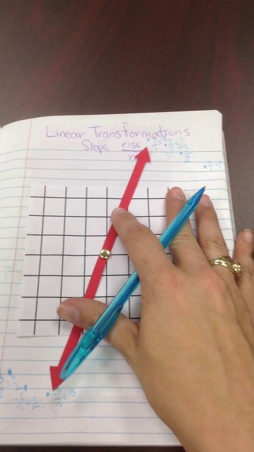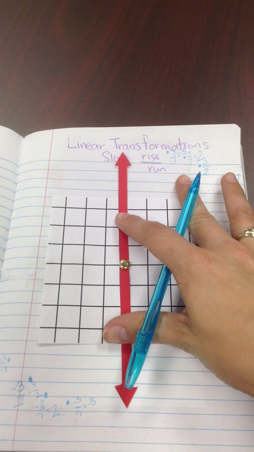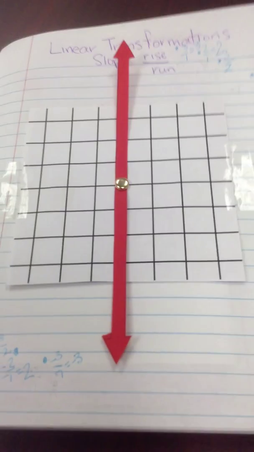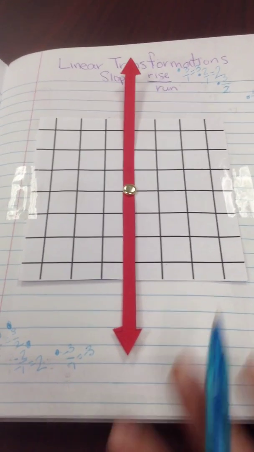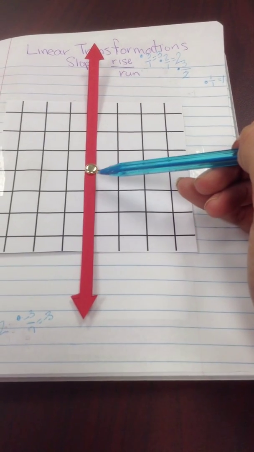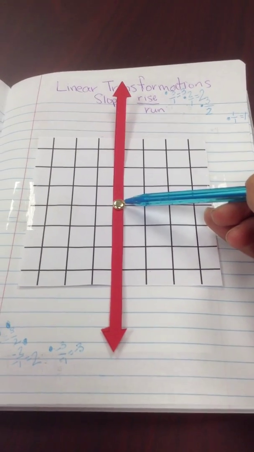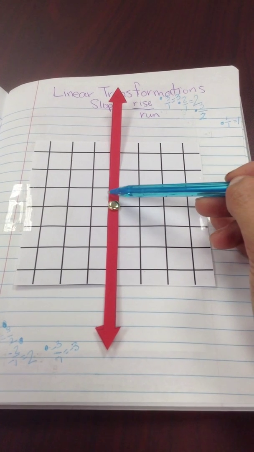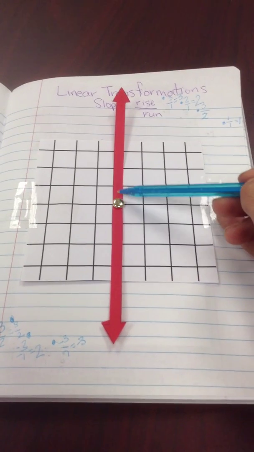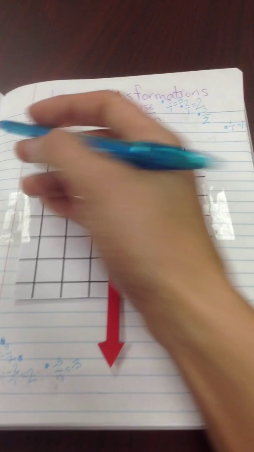Now, taking our slope spinner and putting it all the way vertical up and down. Now, for this, if we have a point at our brad and we rise 1, do we run at all? It does not go side to side. So we rise 1, but we run 0.